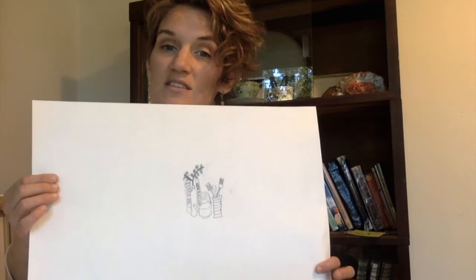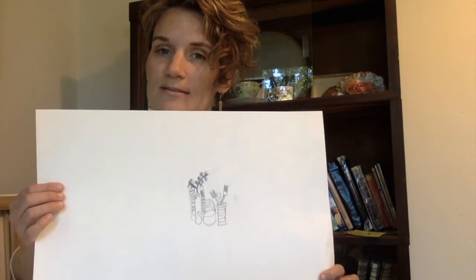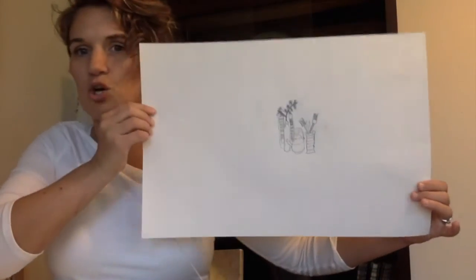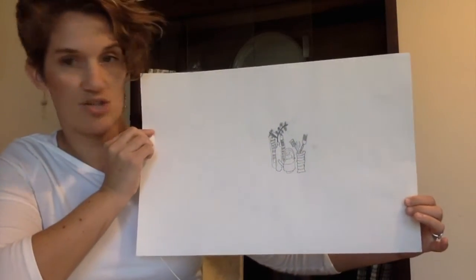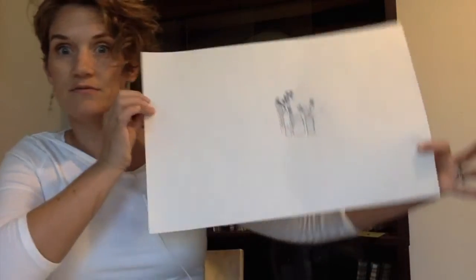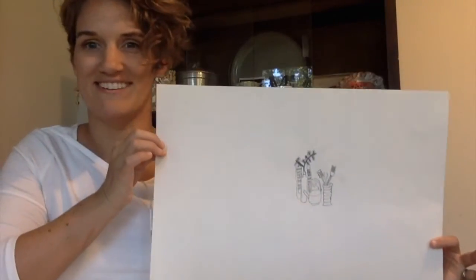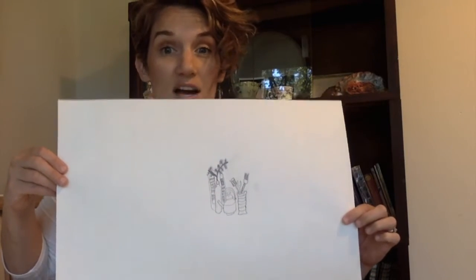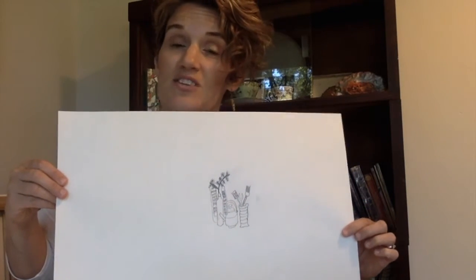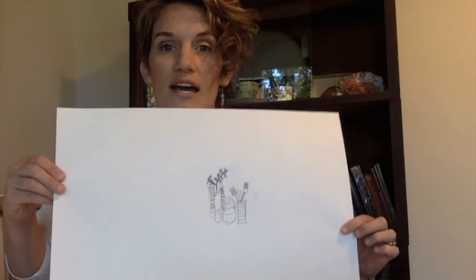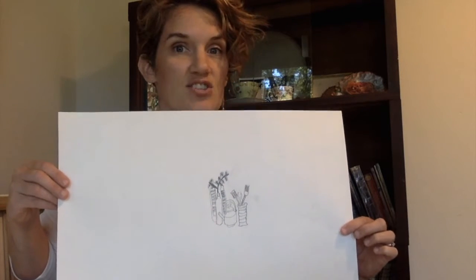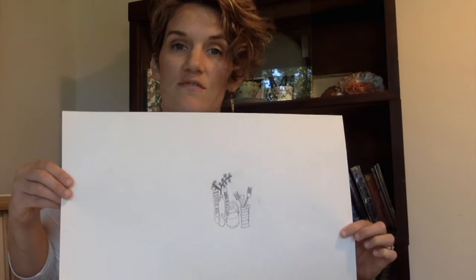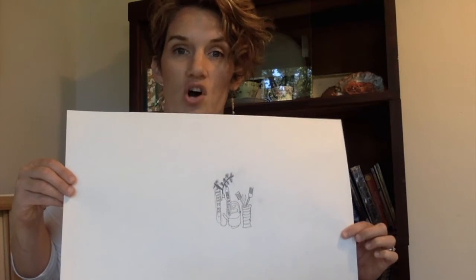So if you've made it this far, you will notice that your still life is kind of floating in the middle of a big white page, okay? It's kind of not grounded. It's not resting on anything. And one thing we know about these objects is that they need something to rest on. So your next step, after you finish everything you want to finish with your still life, is to give your object something to rest on.